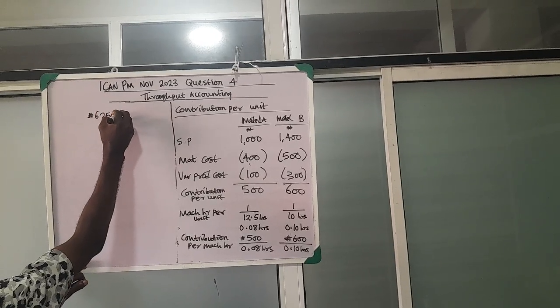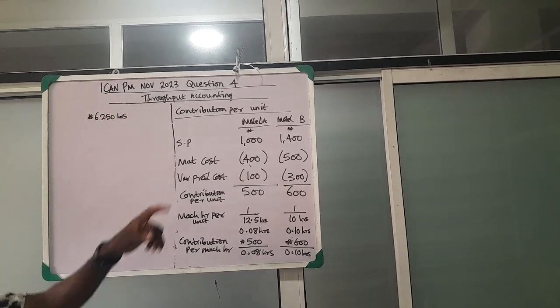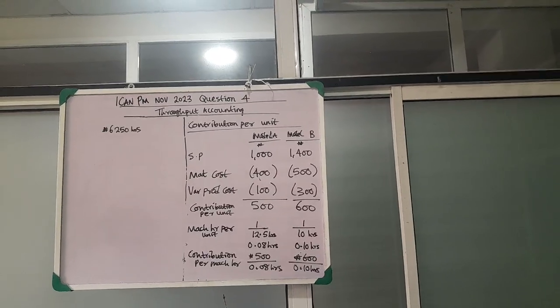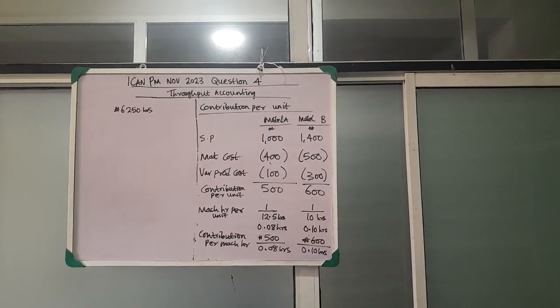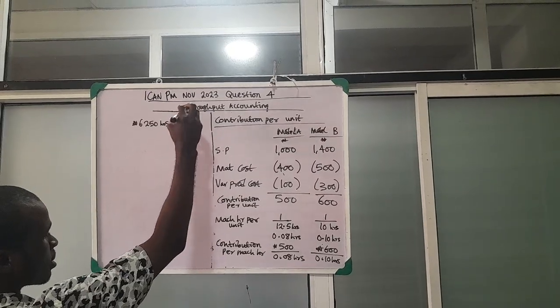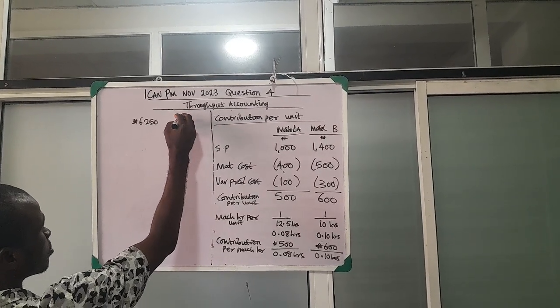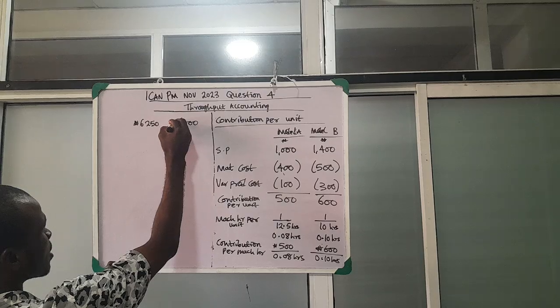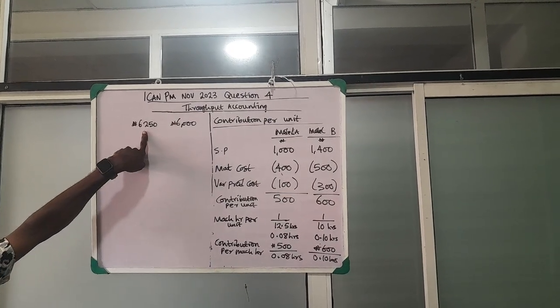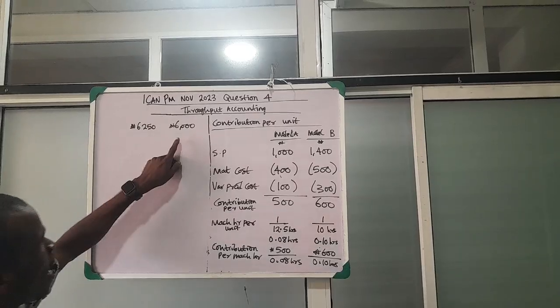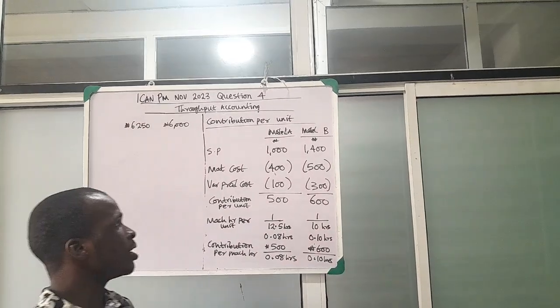Then for model B, 600 over 0.10 hours will give us 6,000. So the contribution per machine hour is 6,250 for model A. Then we'll have 6,000 for model B.